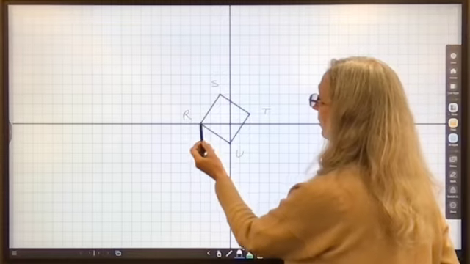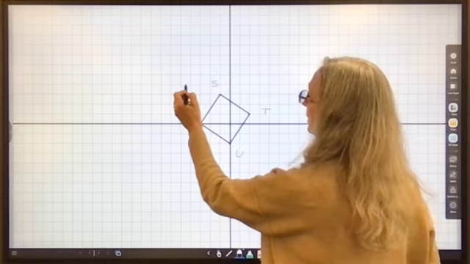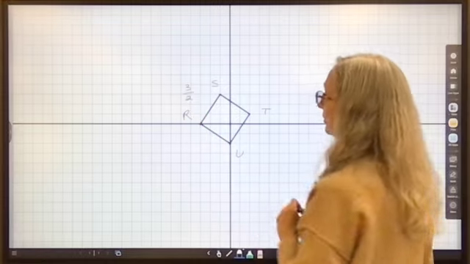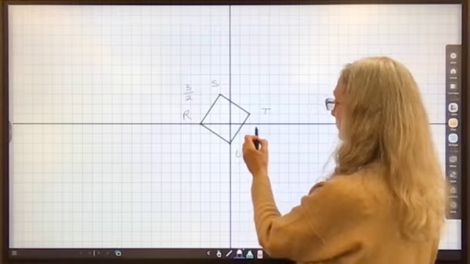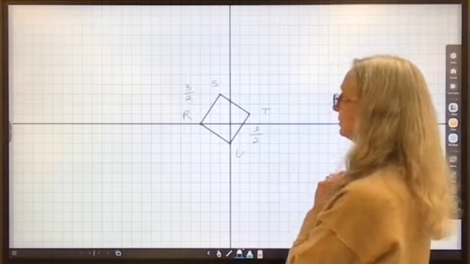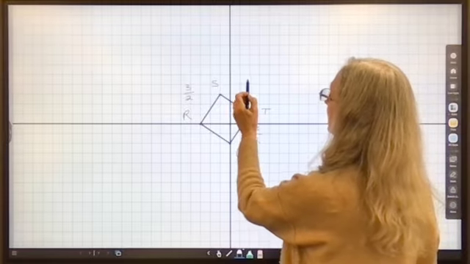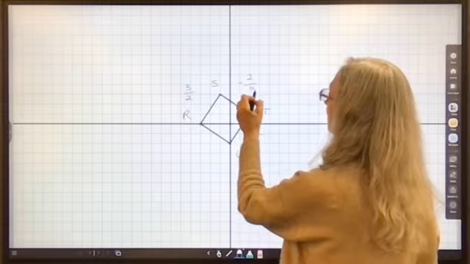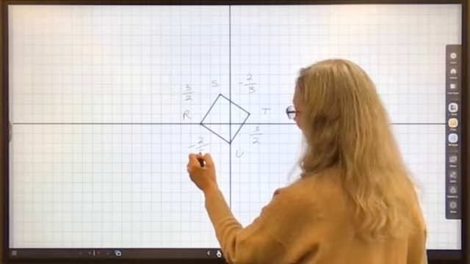Let's check the slopes of opposite sides and see if they are the same. For instance, from R to S, I would go up 3 and over 2, so its slope is 3 over 2. And this side is up 3 over 2, also 3 over 2. This slope is up 2 to the left 3, so it's negative 2 over 3, and up 2 to the left 3 is negative 2 over 3 again.